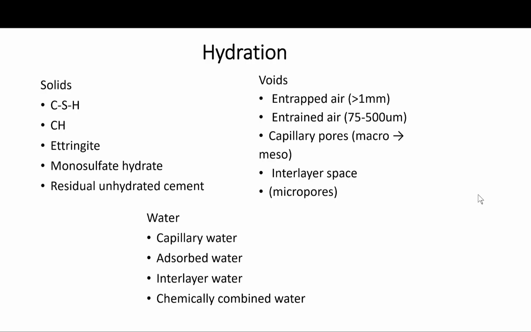This slide I have shown before, but I'm showing it here again as a refresher. In this lecture, we will mostly focus on the solid products right here, and the voids and the water will be discussed in detail in the microstructure development lectures.